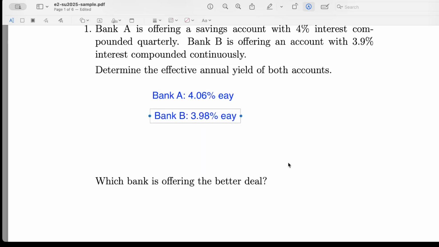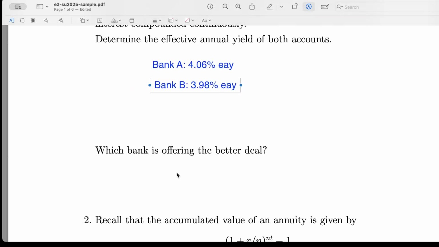Okay. Finally, which bank is offering the better deal? I hope it's clear the point of effective annual yields is to be able to compare different accounts with different interest schemes. And Bank A is the one that's doing better here.